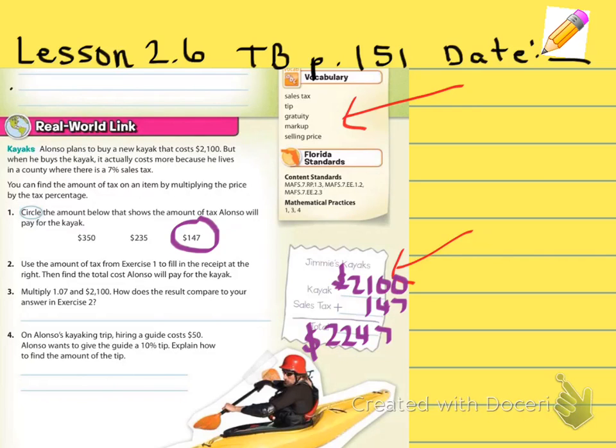Now, we did a lot of examples in class of the second way, looking at step number 3. If you take your calculator and put 1.07, meaning 1 is 100% the cost of the kayak, plus the 7% sales tax, changing the percent, 107% to a decimal would be 1.07, then you're multiplying that with your calculator by 2,100.